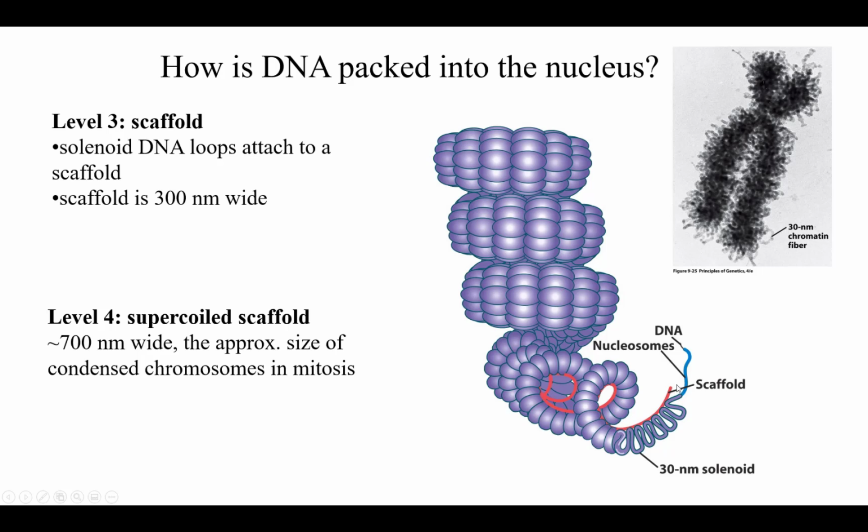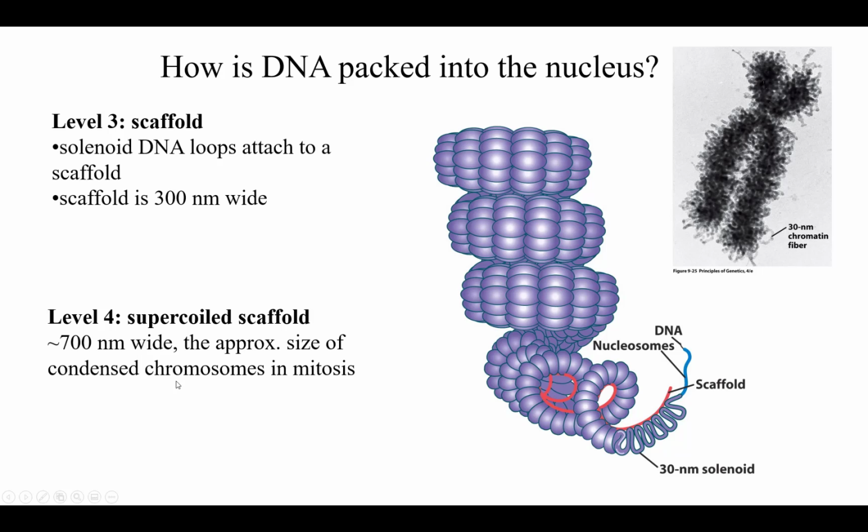The proteins are shown in red here. You can see these looped structures, and the structure that's shown is actually the solenoid structure. This produces something that is about 300 nanometers wide. And then the final level of organization is the supercoiled scaffold, which is actually 700 nanometers wide.